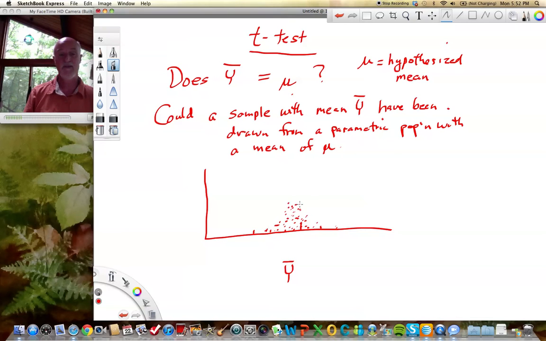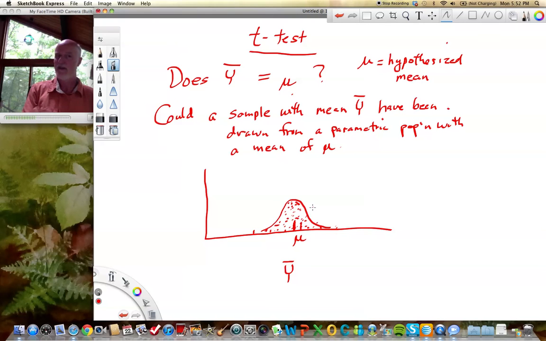In fact, we would get a pile of y bars in the middle, very close to mu. Let's say mu is right there, the true mean. But we would get variation around that, and it would look like a normal distribution. So we've already covered the idea that we would get a high number of y bars near the parametric mean, and fewer the farther away we went.